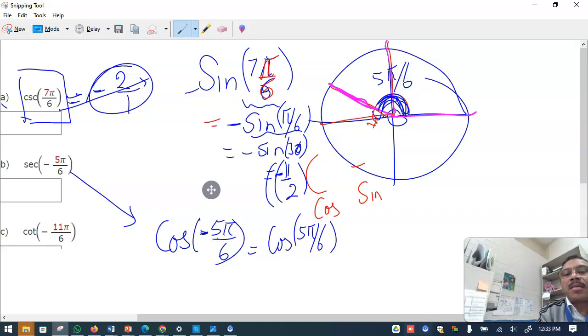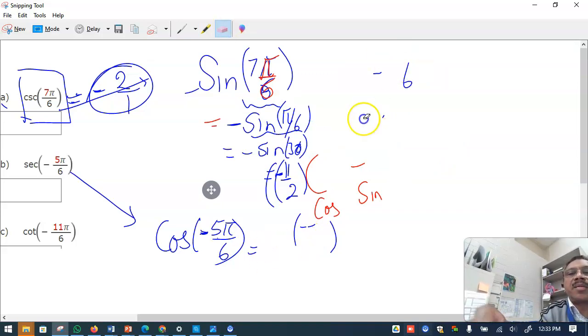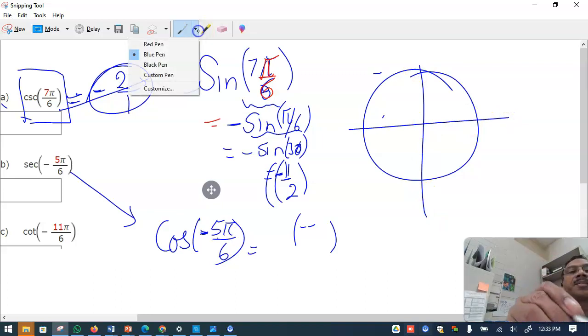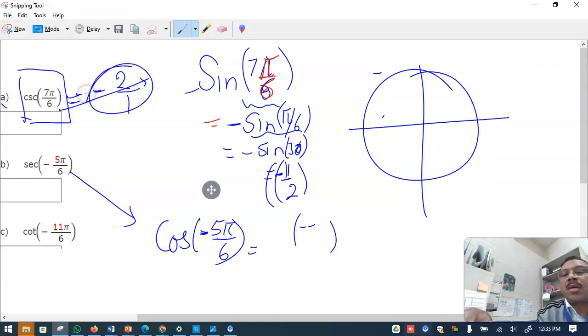Or if you get confused, because they are given as negative, we can use another way. The negative sign means clockwise direction. So going clockwise this way, 1, 2, 3, 4, and 5. So this is minus 5 pi by 6 like this.